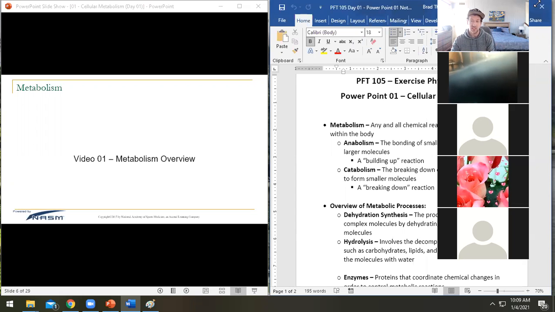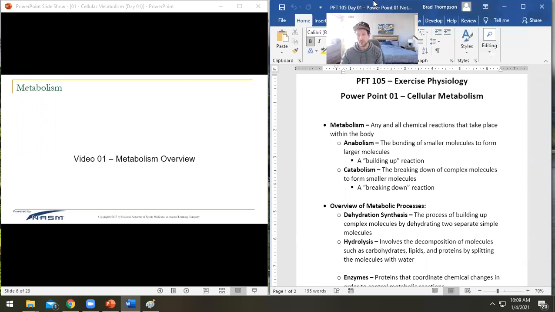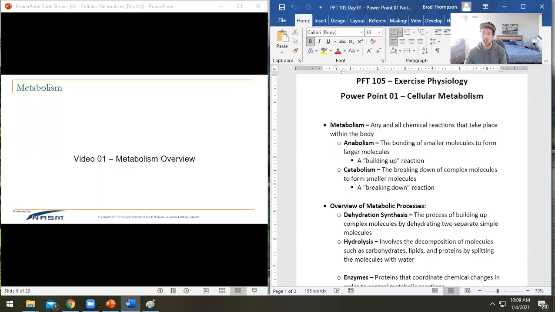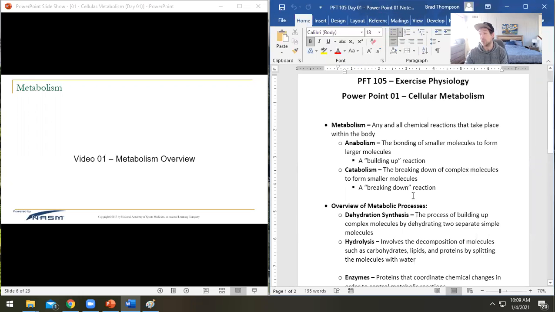They're going to regulate how fast your metabolism is burning. Is your metabolism really fast? Well, maybe you're producing a lot of hormones. Or is your metabolism really slow? Maybe you're not producing many hormones. Is your body building muscle easily? Well, maybe your body is producing anabolic hormones.